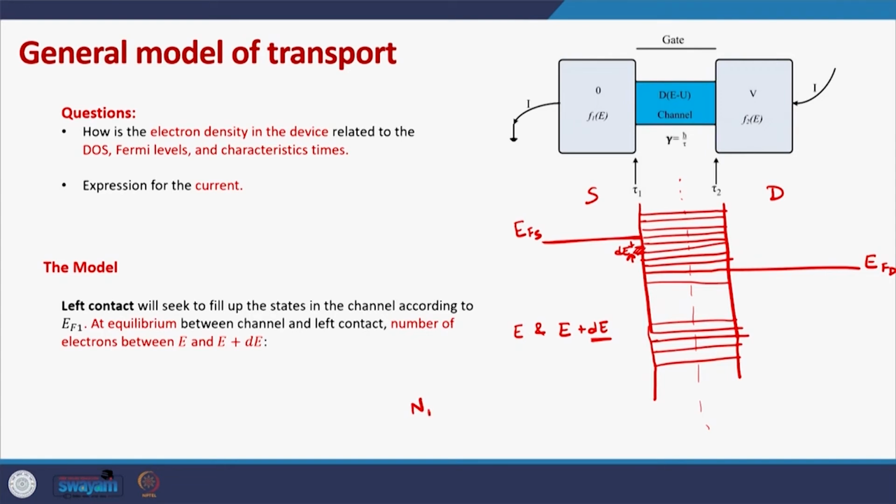let us denote it by N1 prime. This will be given by the density of states in the channel. Number of electrons is essentially density of states times the probability of the states getting occupied, F1(E), times the energy range, where F1(E) is the Fermi function of the source contact.